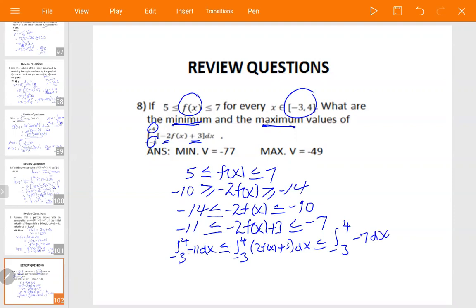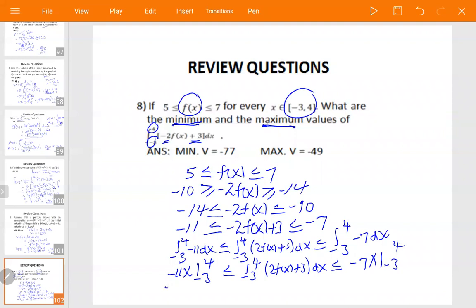What is the integral of negative 11? Negative 11x evaluated from negative 3 to 4 is less than or equal to this integral from negative 3 to 4 of 2 times f of x plus 3 dx, and that is less than or equal to the integral of negative 7 dx, which is negative 7x evaluated from negative 3 to 4.